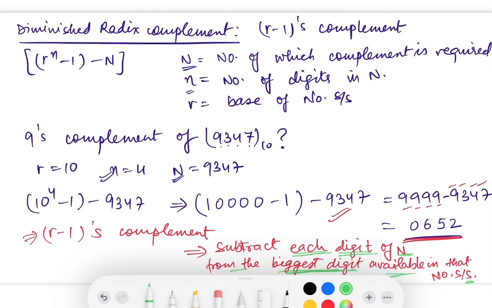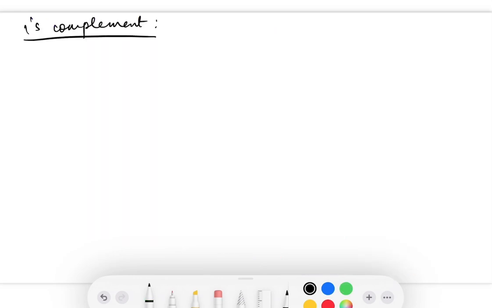That means if we are talking about the decimal number system, then the biggest digit available in that number system is 9. So subtract each digit from 9. You will get the 9's complement, right? If you are talking about the binary number system, then you need to subtract each digit of the binary number from the biggest digit available in the binary number system, which is 1. Okay, so the next is 1's complement for the binary number system.